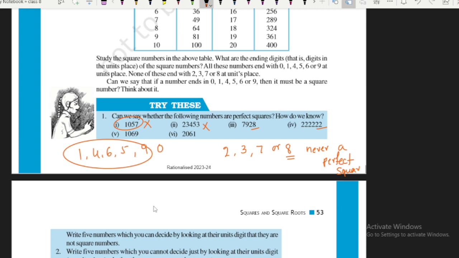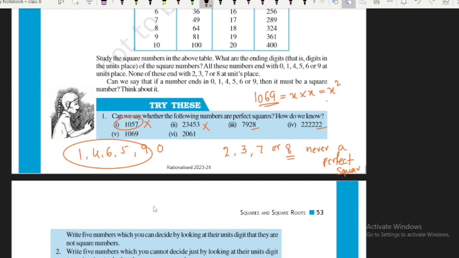We have to find it. For example 1069: if it can be expressed as x into x, x square, then you can say that 1069 is a perfect square. Otherwise, it is not.